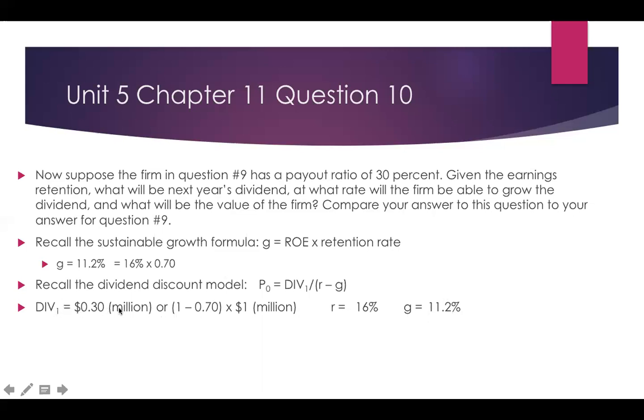Also, our DIV is now 0.3 as opposed to 1 in the previous question. Plugging those answers in, we get a total of $6.25.